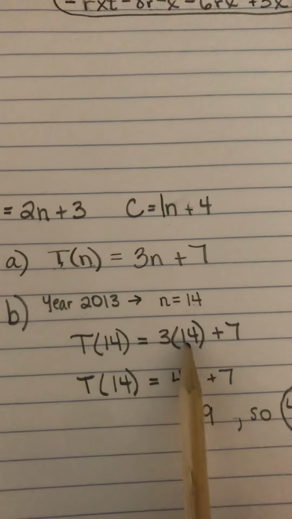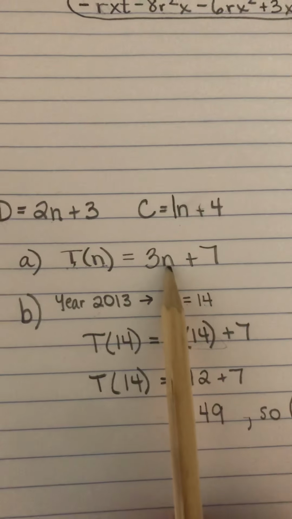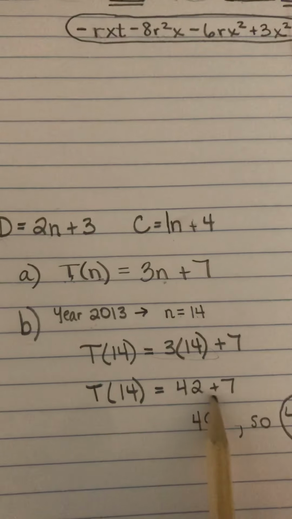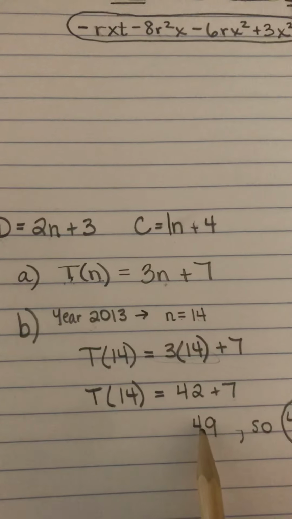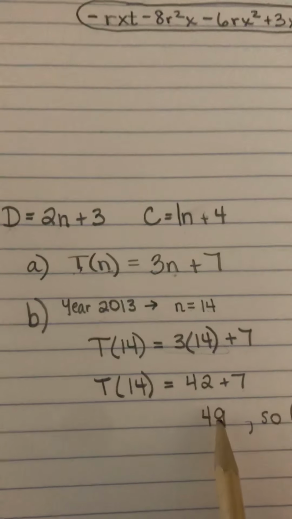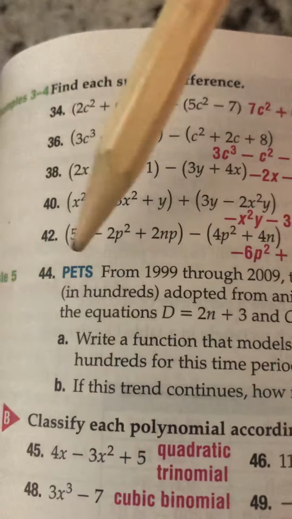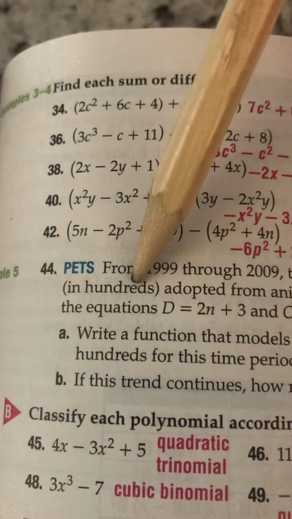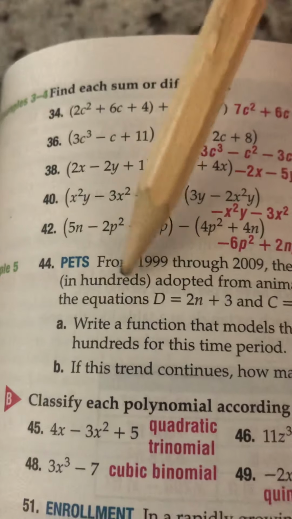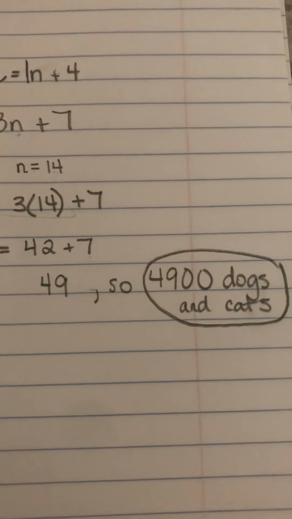All I did here was plug in 14 for n in this equation, and when I solved it, I got 49. One more thing, some of you left the answer as 49, but it mentioned up here that the numbers given for cats and dogs were in hundreds. So if you got an answer of 49, that's really 4,900 dogs and cats.